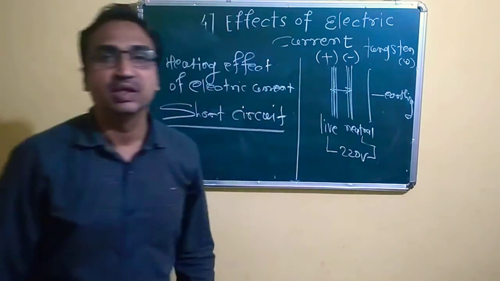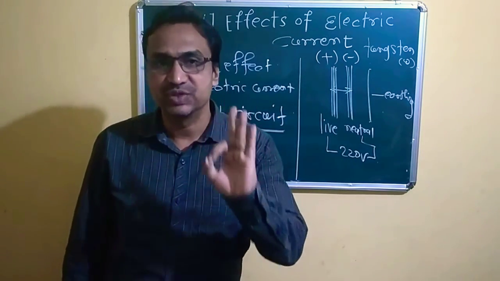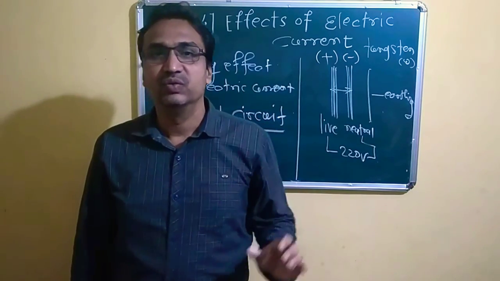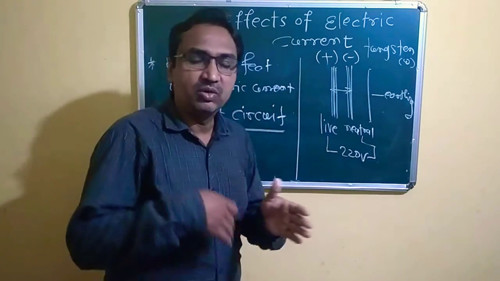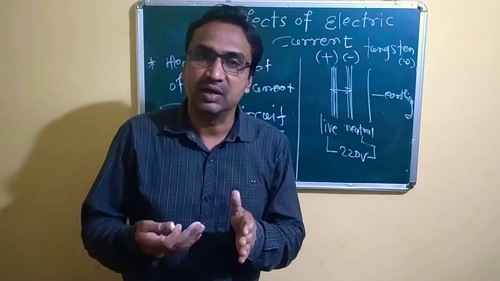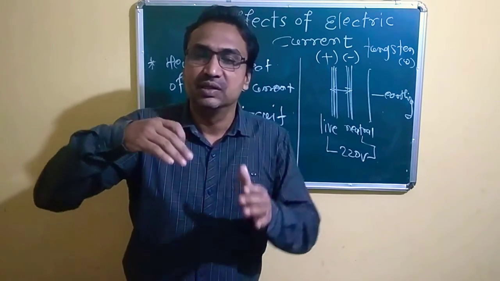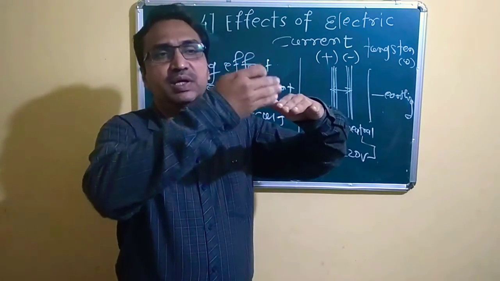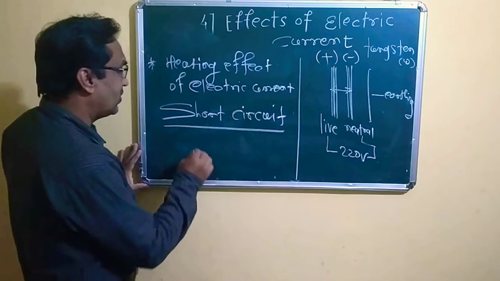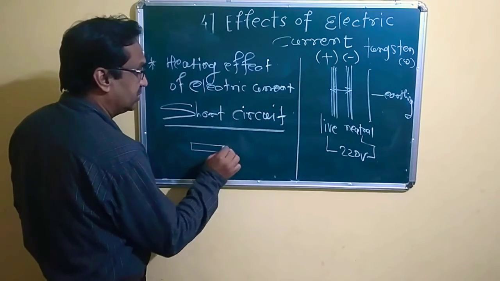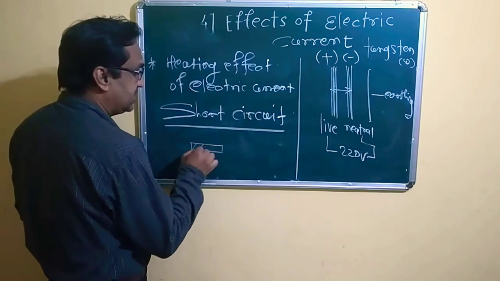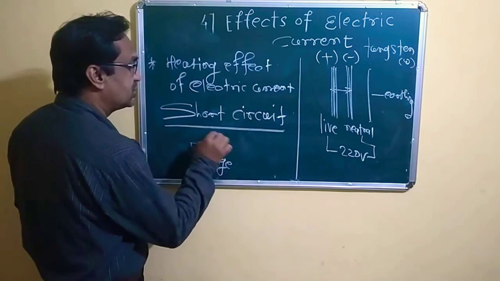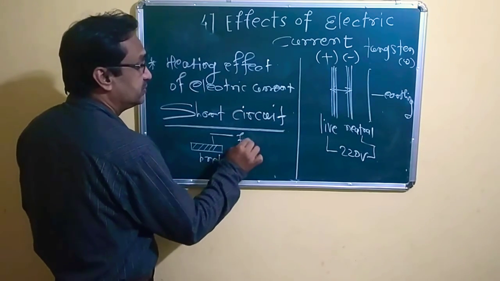What is an electric fuse? An electric fuse is an alloy material. If a larger amount of electric current is flowing in the circuit beyond some critical, permissible level, this alloy wire which is connected in between, this is a bridge, and it is called a fuse.